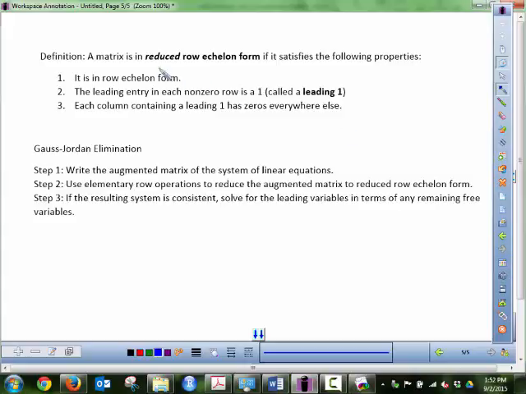So in a reduced row echelon form, first of all, you have to have it in echelon form, so it has those steps. And then you need a couple more steps to make sure it's all cleared up. The leading entry in each row is 1, and in each column containing a leading 1, you have zeros everywhere else.